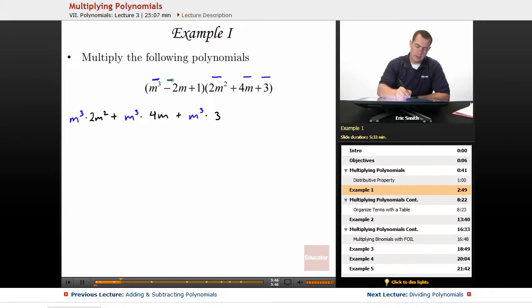Okay? Now, if I stopped there, I wouldn't quite have the entire multiplication process down. We'd also want to take the negative 2m and multiply that by all three. So let's go ahead and put that in there as well. So we'll take a negative 2m, multiply that by 2m squared. Then we'll take another negative 2m, this time multiply it by 4m.